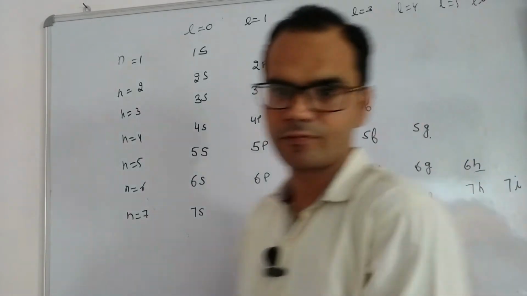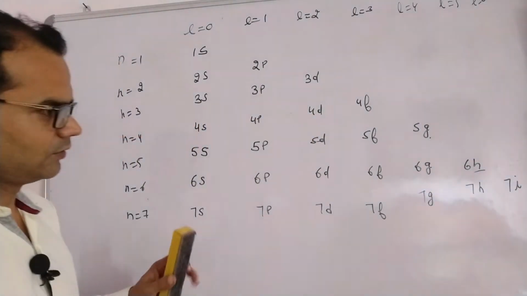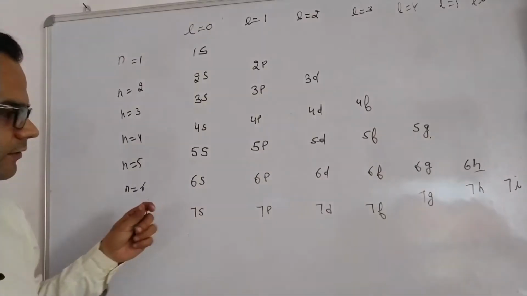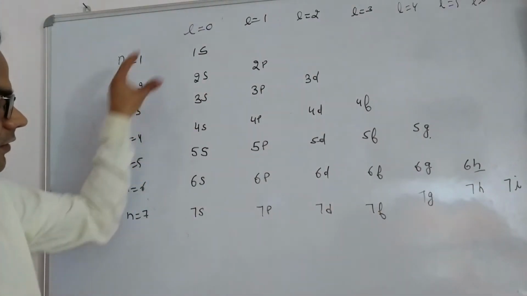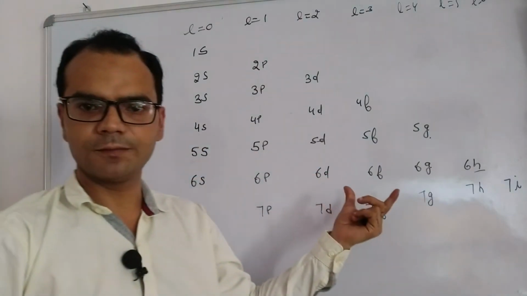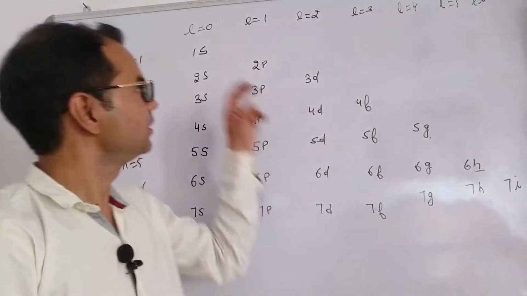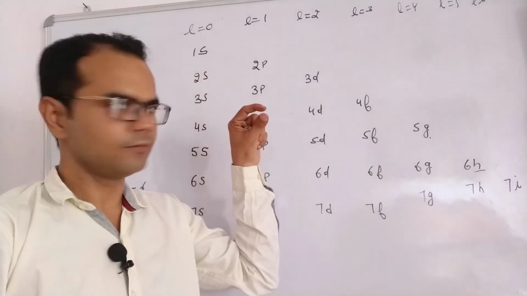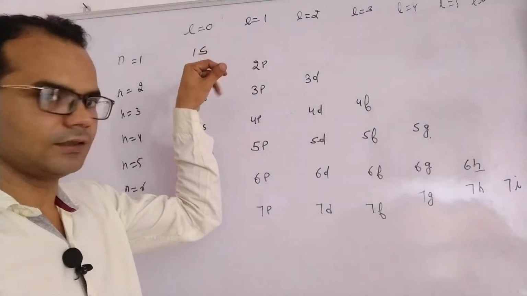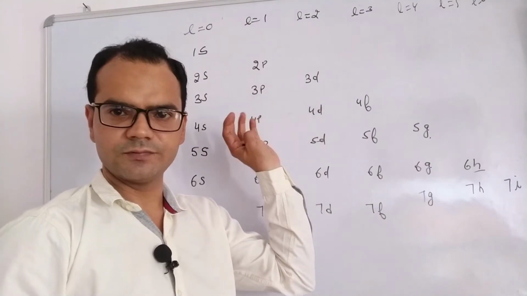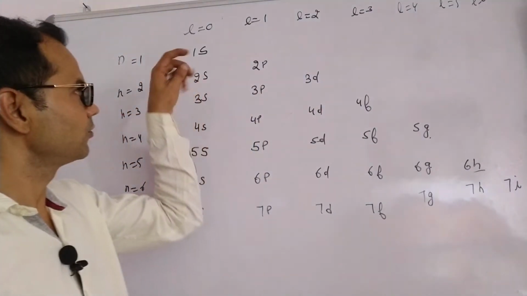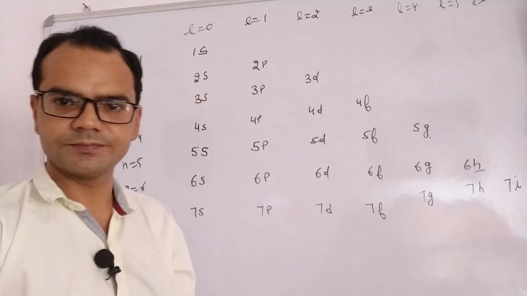Easy. So in the periodic table we have 7 periods, and for periods 1 to 7 we have these orbitals. And what is the rule? N plus L rule. The orbital with the minimum value of N plus L will contain electrons first, or electrons will enter that orbital whose N plus L value is least.